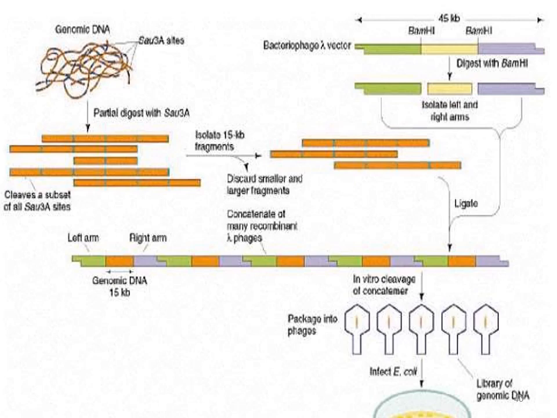These foreign stretches of DNA can be inserted into the bacteriophage, which acts as a vector and is further subjected to the living host cell, packaged into the phage, and ultimately used to build the library of the genomic DNA.